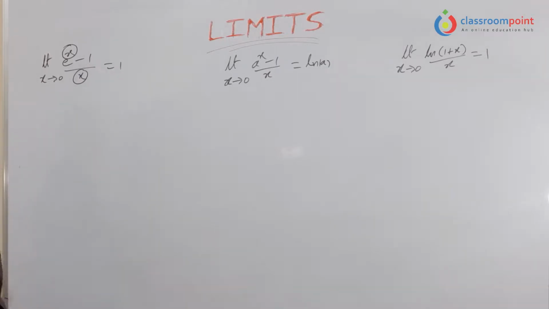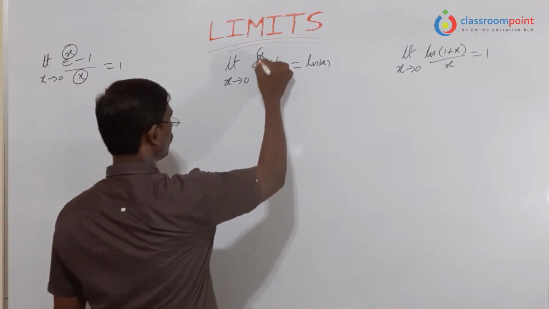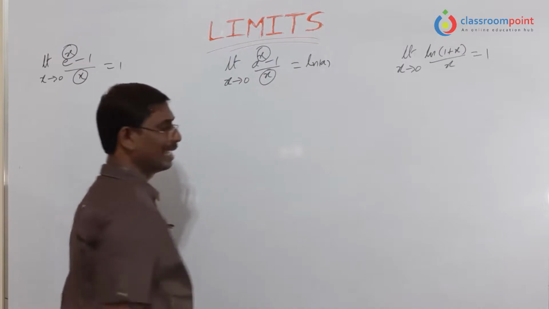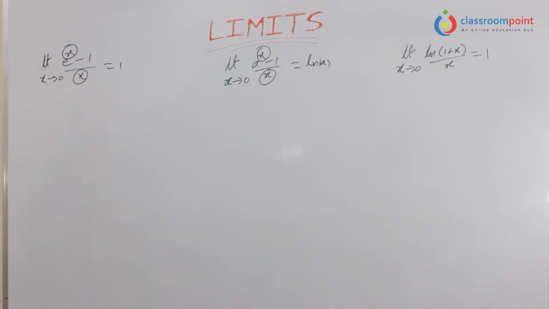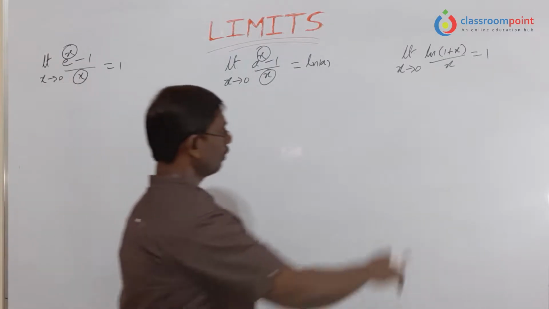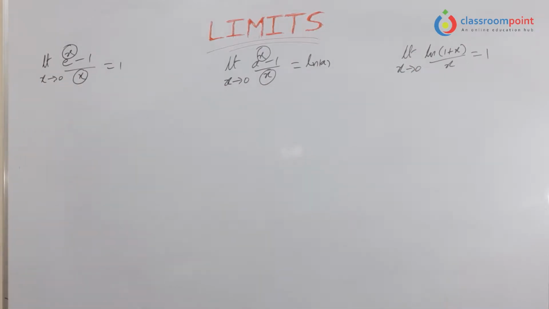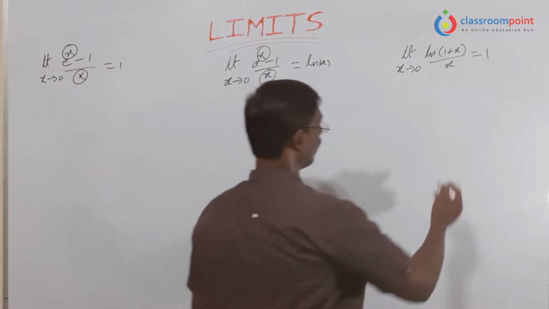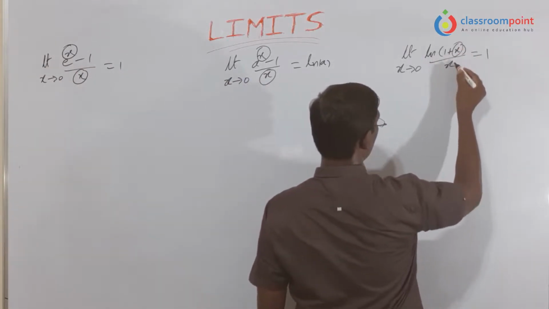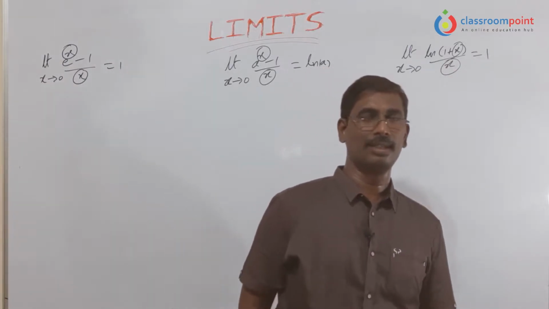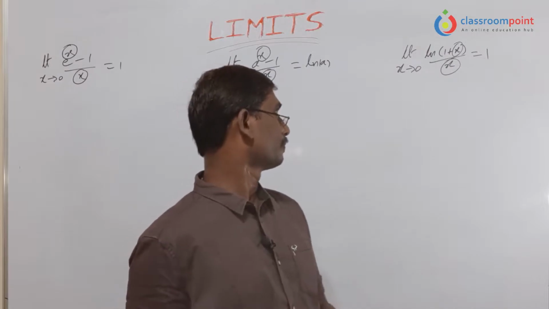And here also these both must be the same, then the value is ln of a. And one more, limit x tends to 0, ln of 1 plus x by x is equal to 1. Here this value and this value must be the same. Right?